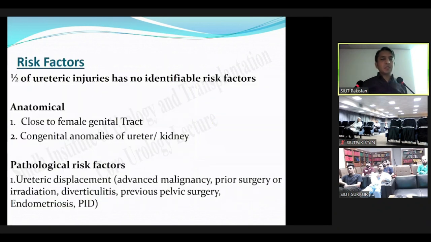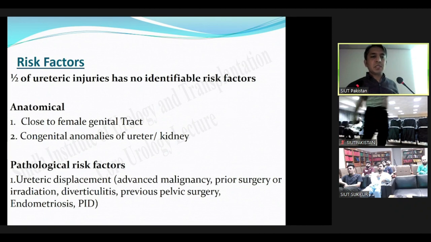The risk factors for ureteric injury: the majority of ureteric injuries have no identifiable risk factor, and there are other contributing factors, like the ureter being close to the female genital tract, which is why it is commonly injured, like in gynecological surgery such as hysterectomy, and other congenital anomalies of the ureter.